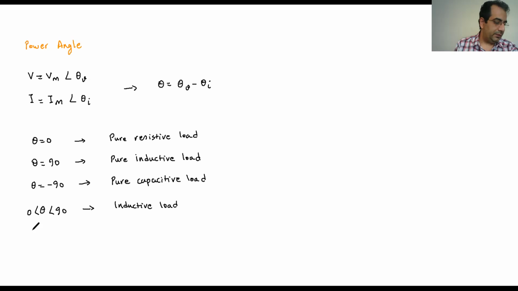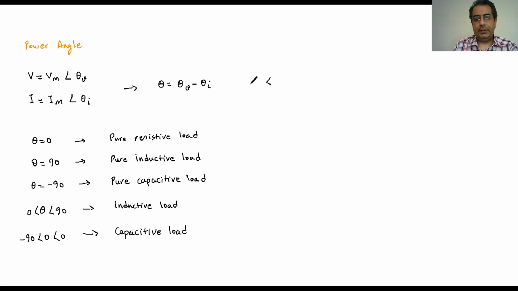If it is between negative 90 and 0, the general behavior of the load is capacitive. So these are the angles. And by the way, this theta is going to be between negative 90 and 90 degrees.